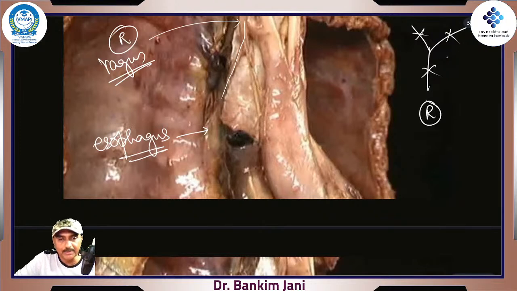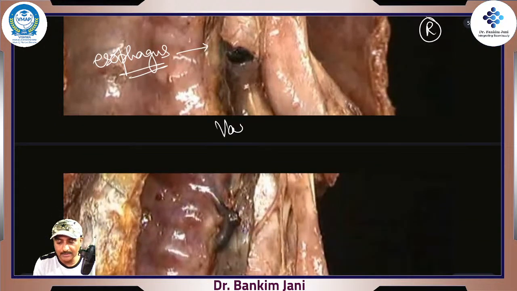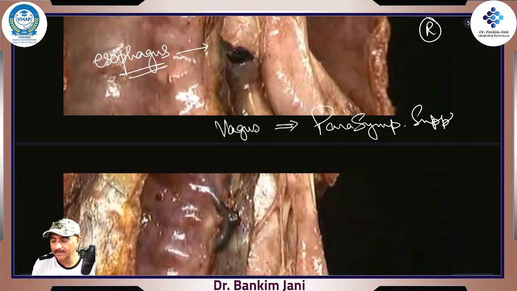What will the vagus be doing? Well, the vagus is the parasympathetic supply to the GIT. So then what about sympathetic?